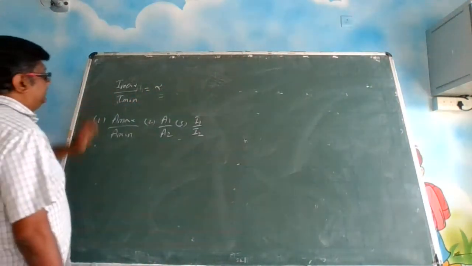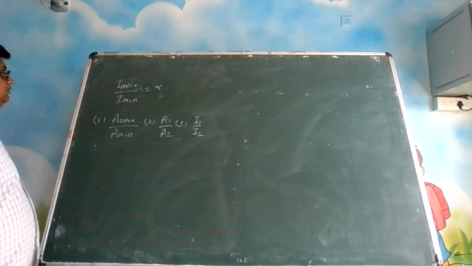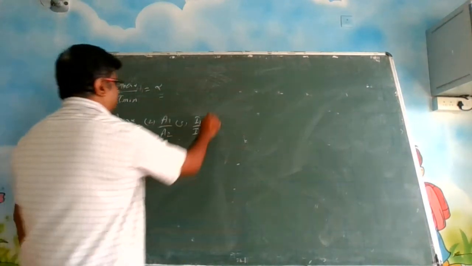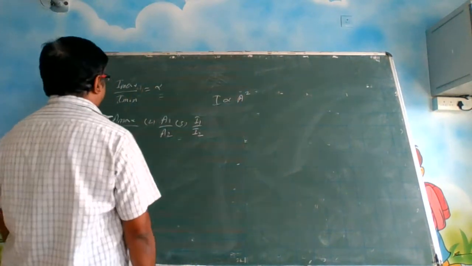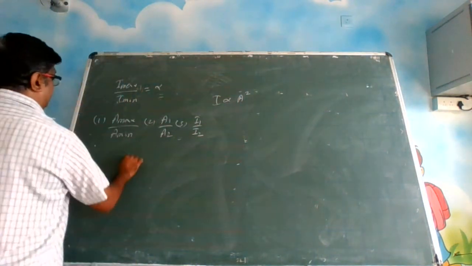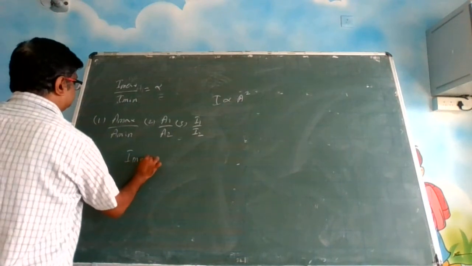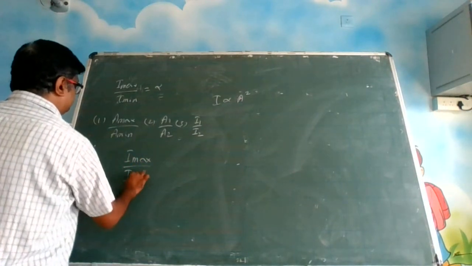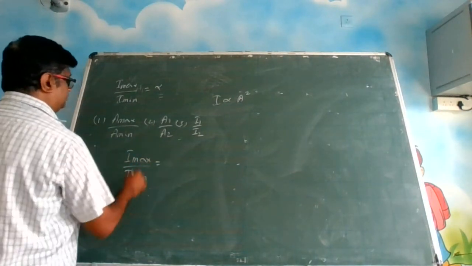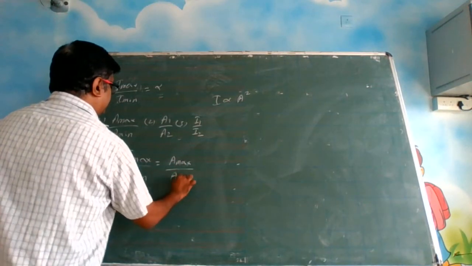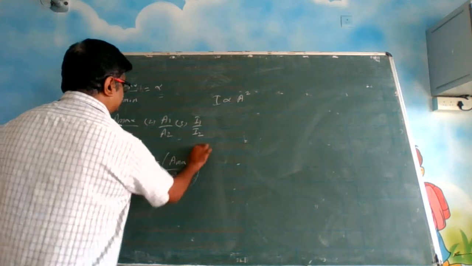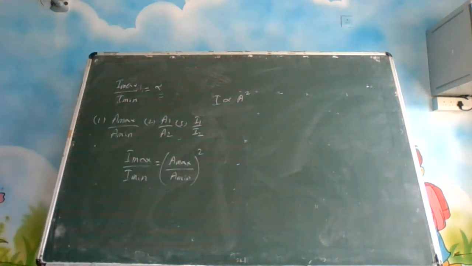See, I max by I minimum is given as alpha, and you know that I is proportional to A square. So can we write this as I max by I minimum is equal to A max by A minimum whole square? Can I write it like this? It is possible.